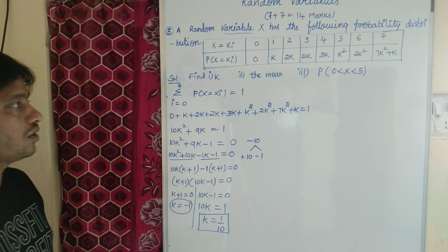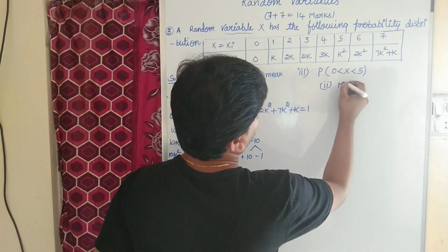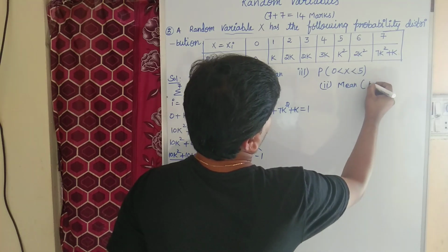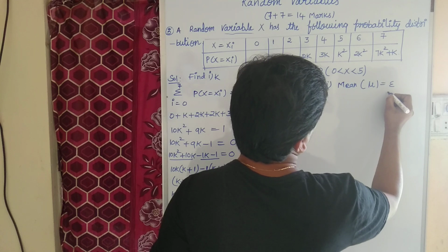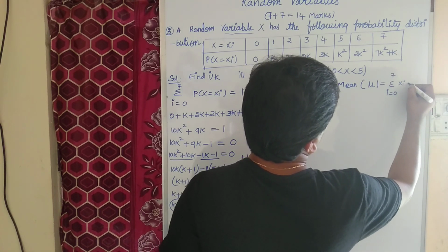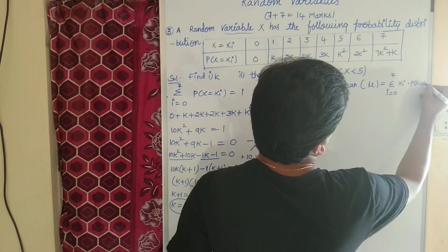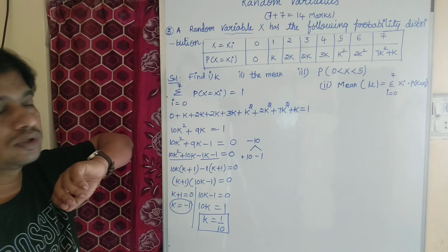Okay, children? Now coming to the second question, mean. Mu, we know that sigma i equal to 0 to 7 xi into P(X = xi). Simply we need to multiply these two. Okay?